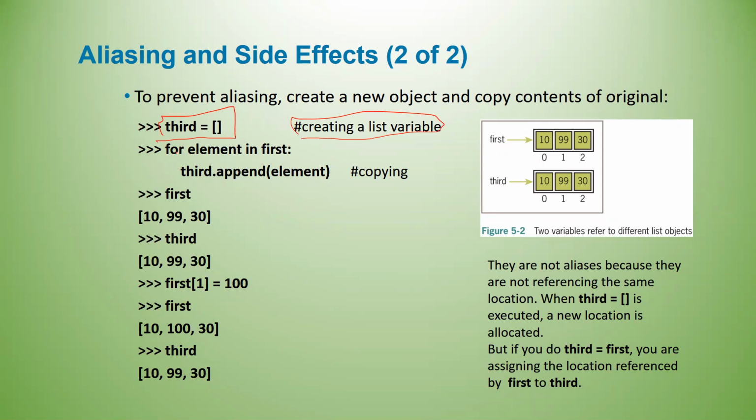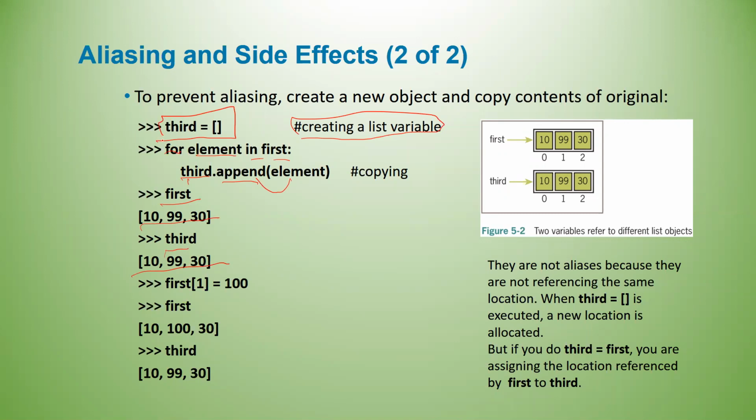And using the for loop, for element in first, third.append, because we are doing it element by element. We are building a whole new list, so we add each element to third. And now you can see first is this, and third is this, right?